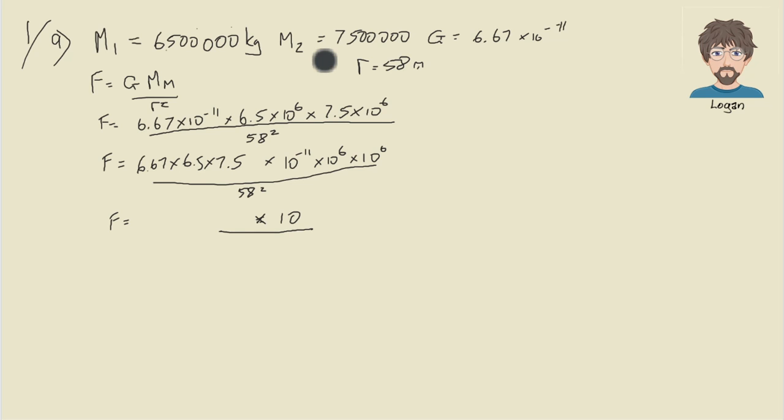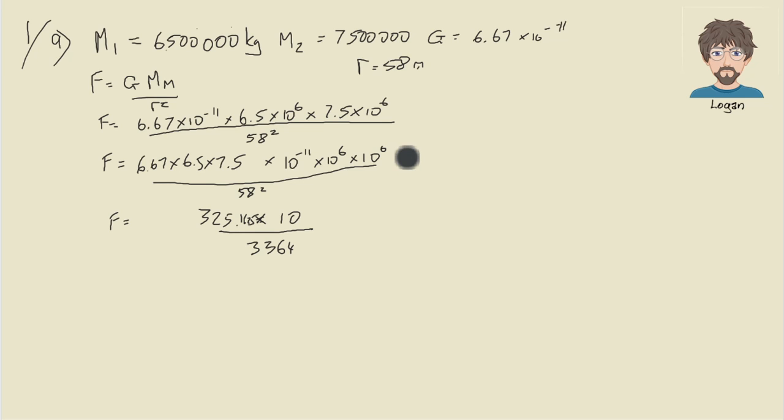58 squared is 3,364. And 6.67 times 6.5 times 7.5 is 325.1625.